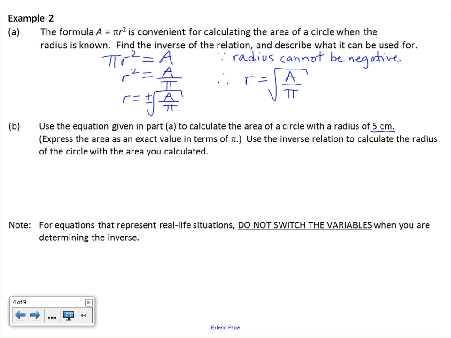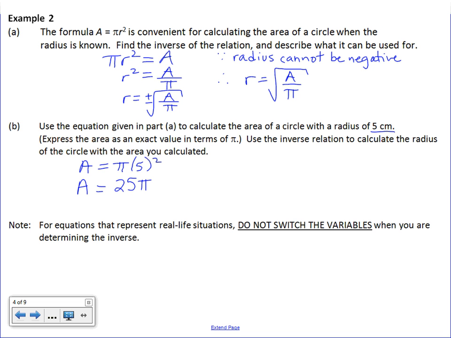You're going to find the area when the radius is 5, and then hopefully when you plug that area into the inverse, you should get 5 out. So let's do it. A equals pi times 5 squared. We want to keep this in terms of pi, so no calculator required, no typing in a pi button. What's that in terms of pi? 25 pi.